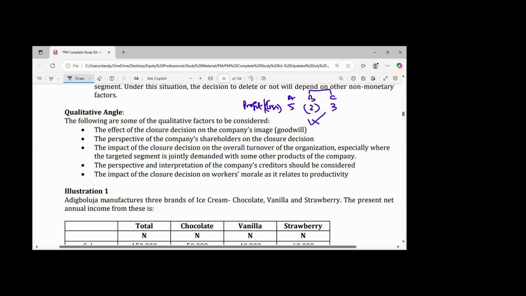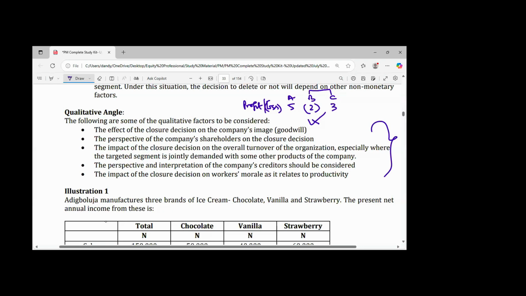So these are some of the things you need to consider before the final decision is taken, as far as the qualitative factors under deleting a segment are concerned. But what is important is that on the day of your exam, don't just go and memorize all what you have here. No, it doesn't work that way. That would be too ordinary. You need to link your qualitative factor with the question.